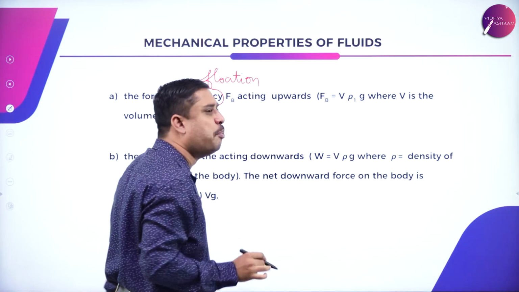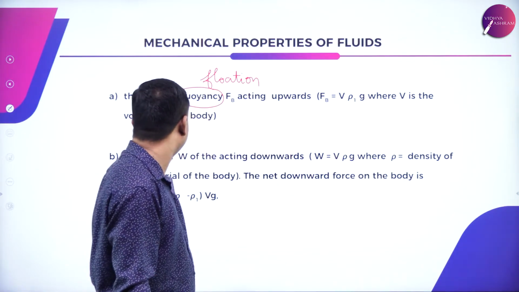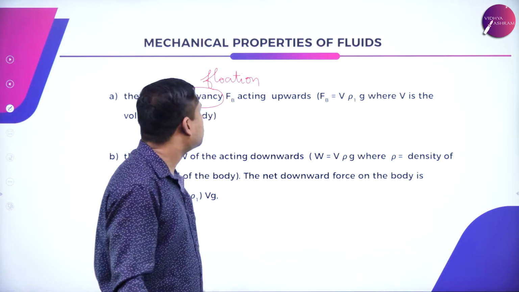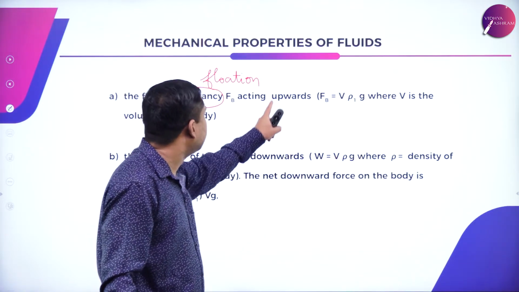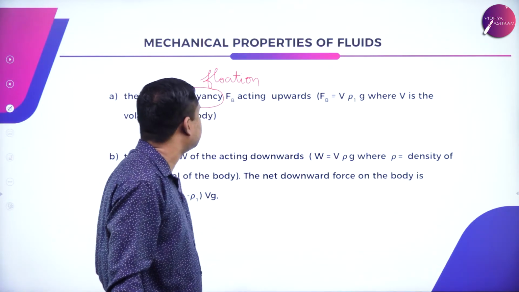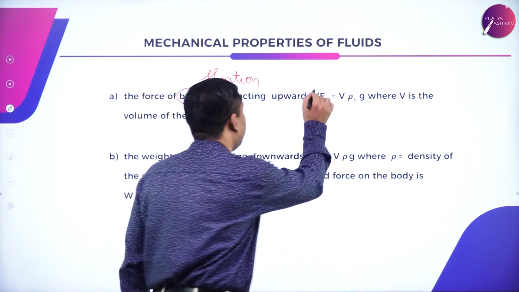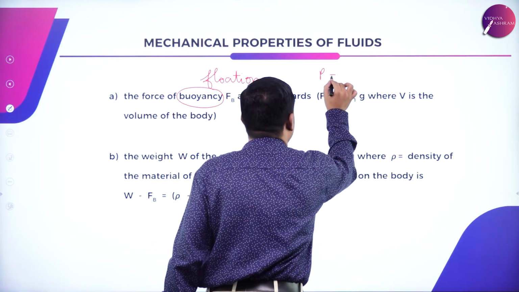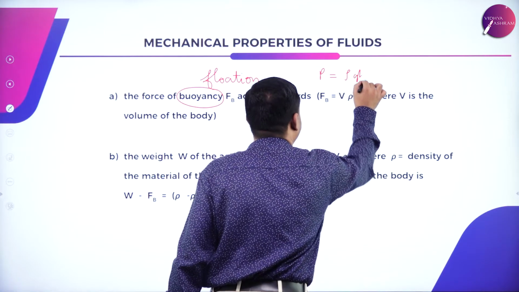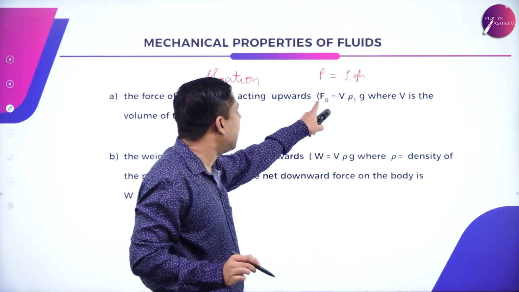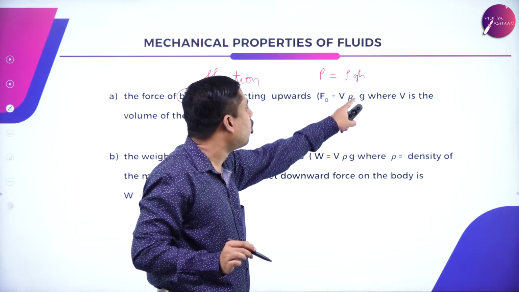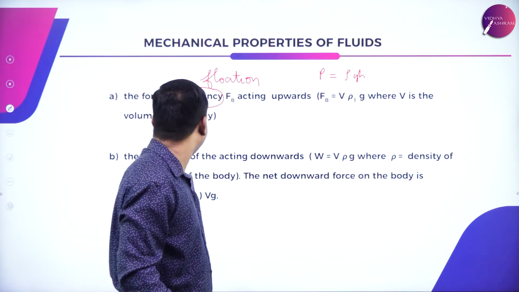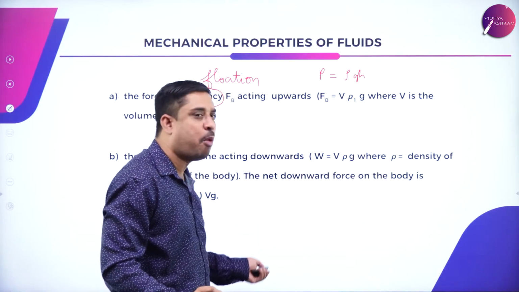The force of buoyancy acts upwards. We had P is rho g h. So now we have F is V rho g, where V is the volume of the body.